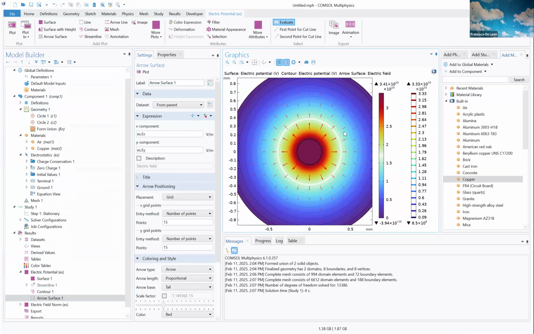But when I tried the other domain, the terminal domain, it was not there. But for the streamlines, this comes in. If you go to the arrow surface, you can see the electric fields, which are not in the conductor, right? So this is the arrow surface option. So you're saying it's because you energize it with a terminal?